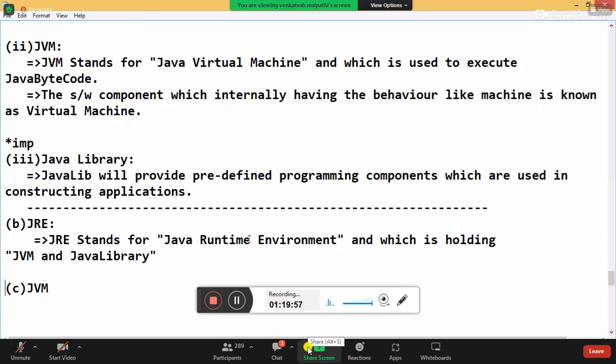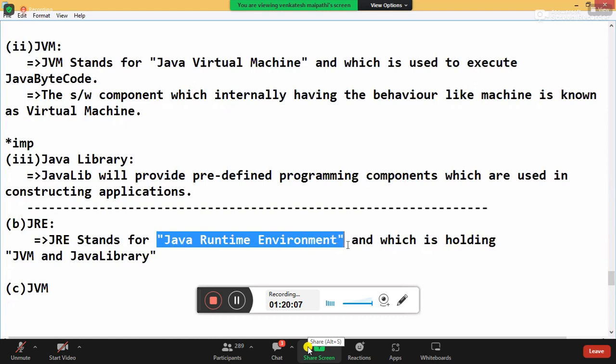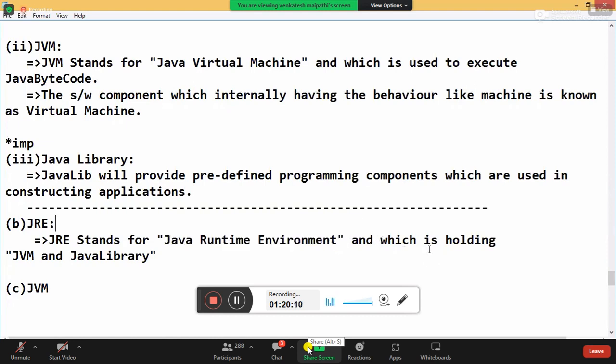JRE means runtime environment. Runtime means execution environment. Indirectly, execution environment. JRE stands for Java Runtime Environment, and it holds JVM and Java library. Just now I said JVM, no?